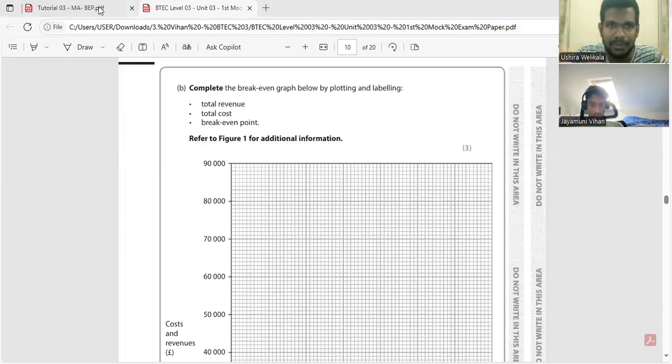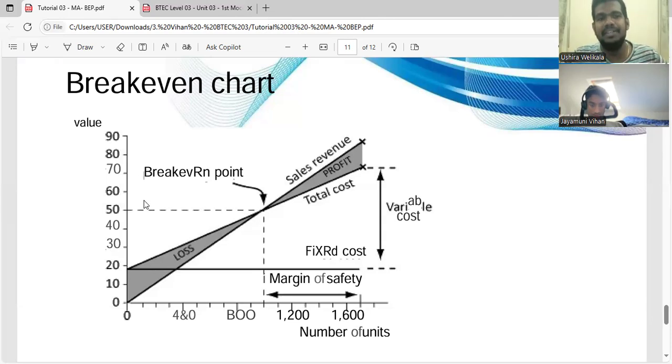How can you do it? You have a relevant diagram, break-even point analysis. You can see total revenue, total cost, total fixed cost, and break-even point, margin of safety in units, margin of safety in values, and we want to label everything. We will discuss one by one in this tutorial.